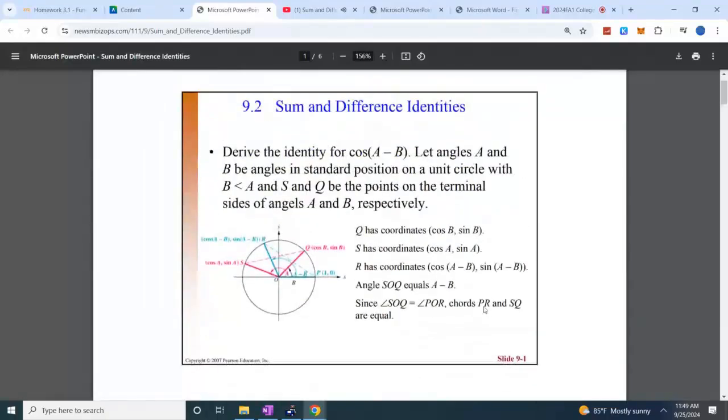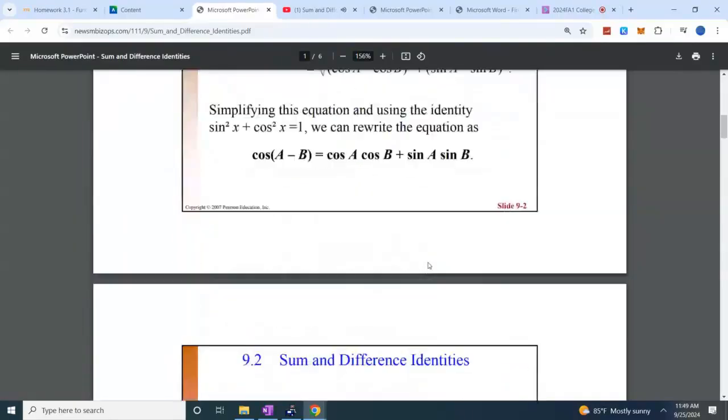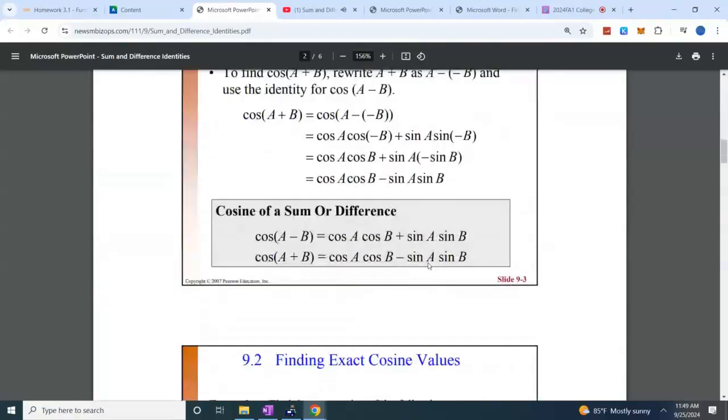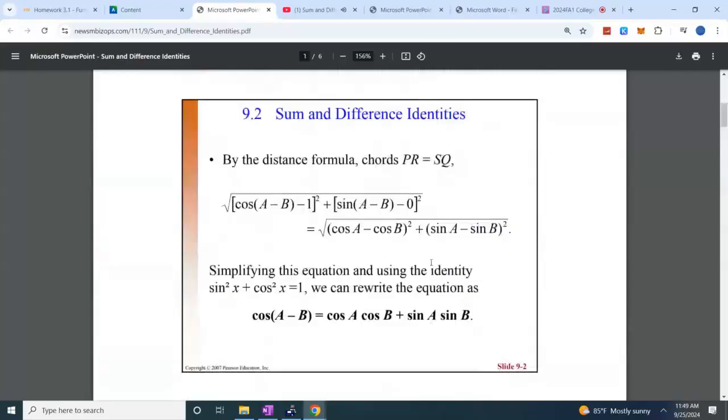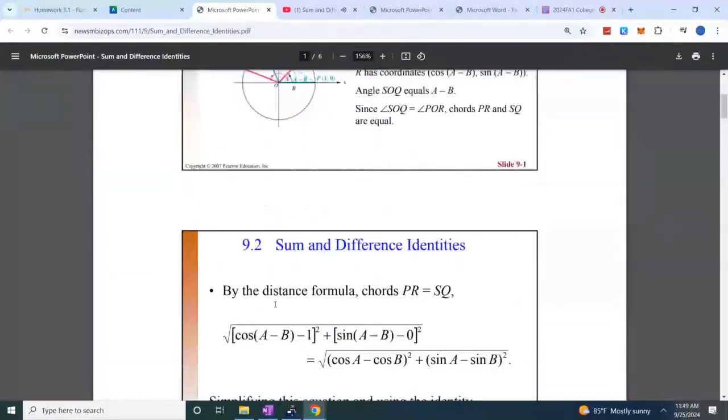Now, this is not really a proof course, but this is where the formulas come from. And these are called the sum and difference identities. And I'm just going to skip to the formulas. All right, well, here's one formula.